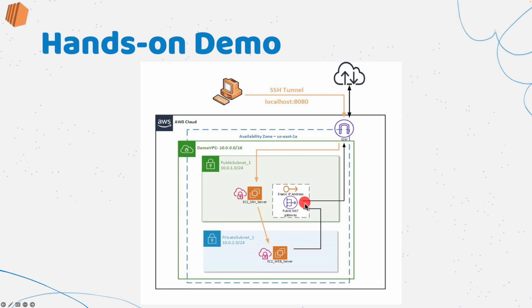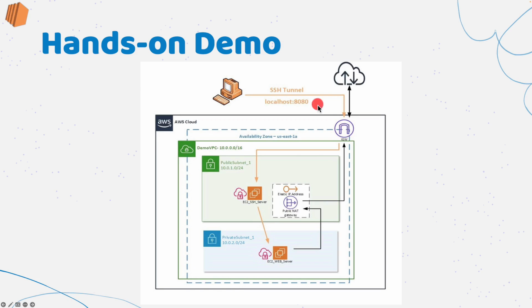In the NAT gateway, an elastic IP is associated with the service for the processes' access, located in the public subnet. It provides outgoing internet access from the private subnet, because when the EC2 instance is launched, it needs to download and install the web server from the internet. The internet gateway is attached to the VPC. It allows the resources in the public subnet to communicate with the internet.